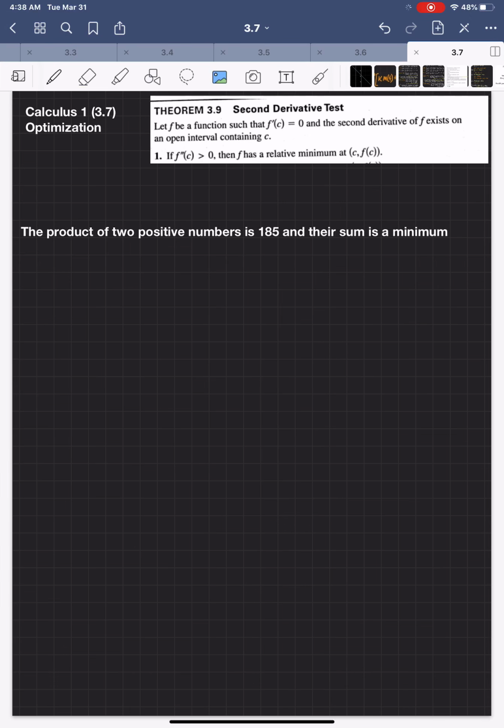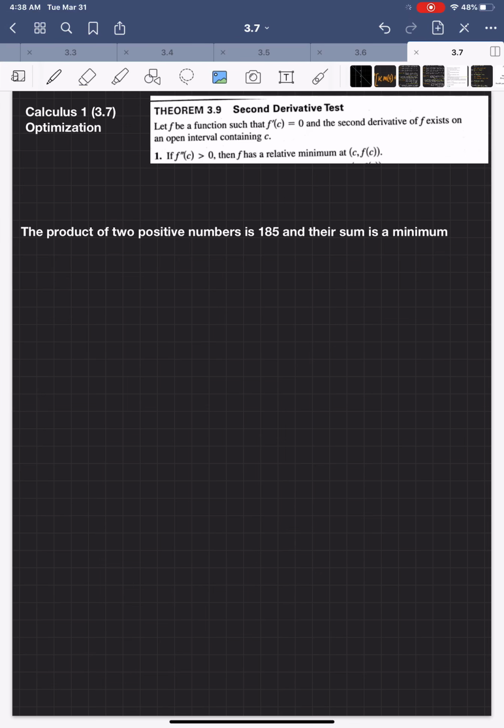This is one of those topics where I really fell in love with the subject when I was a freshman, and the topic is optimization. So the idea of the optimal, meaning you could think of the maximum or the minimum.